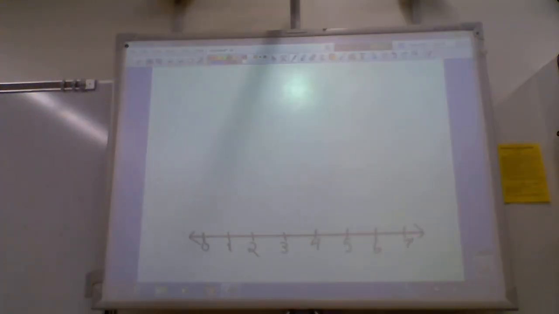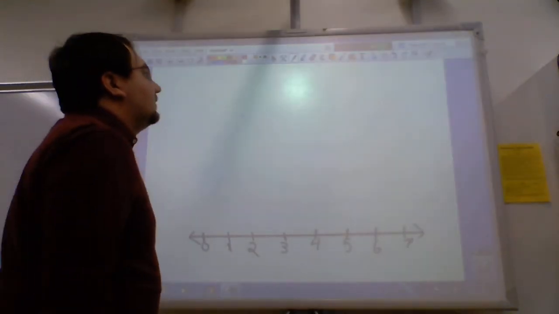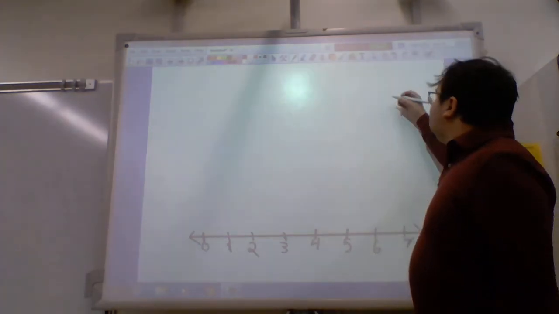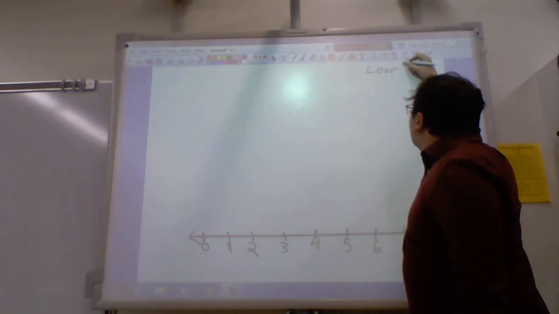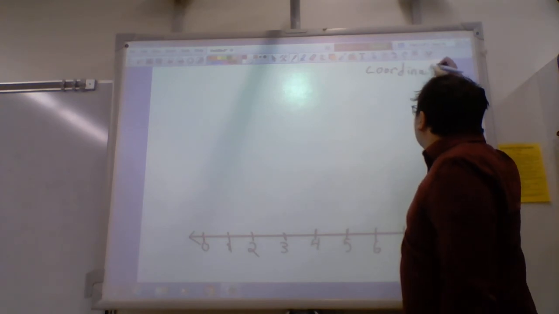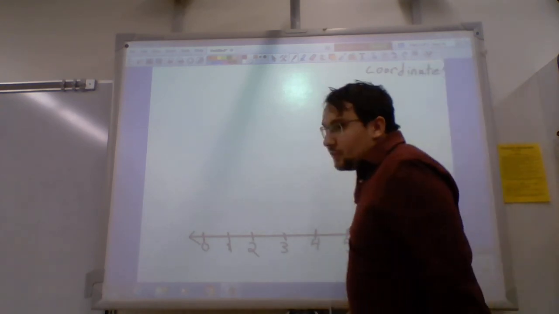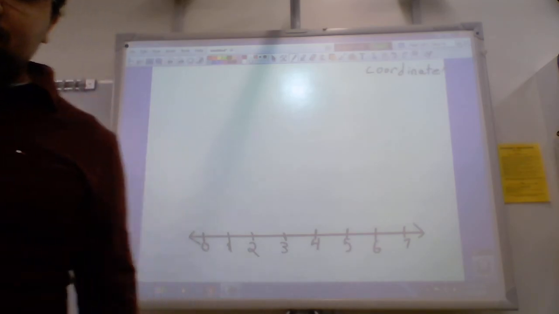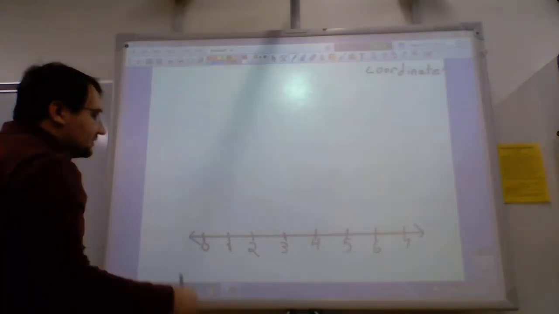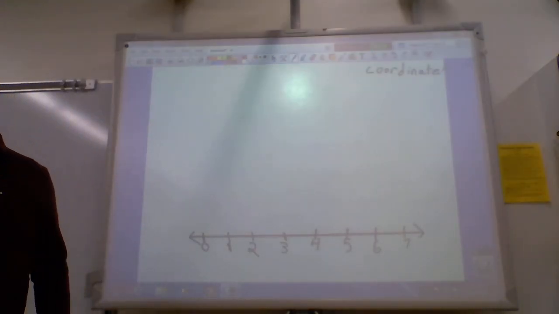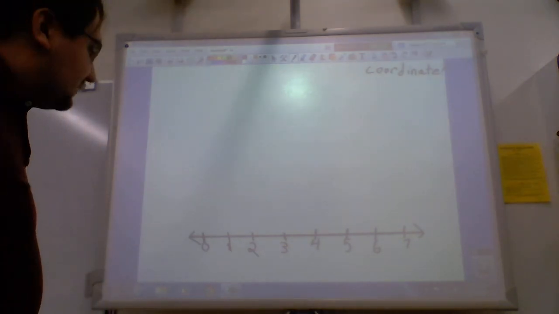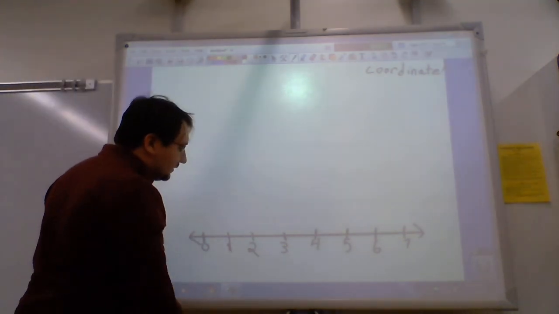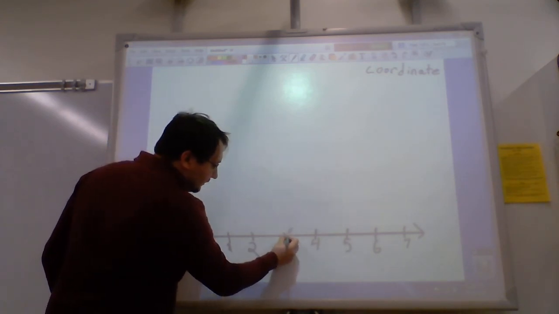We went over one word that's going to be key also to what we're doing today. That word was coordinate. If you remember, the coordinate is just going to be a point on our line. So if I were to create a point, that's right here.